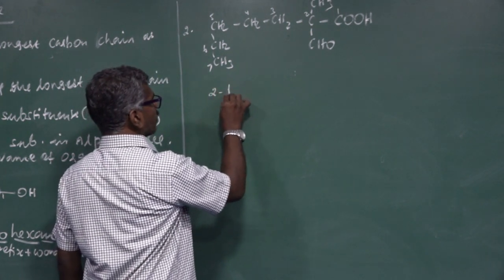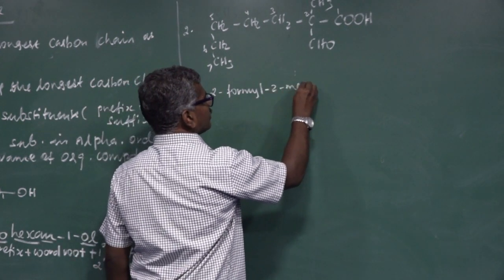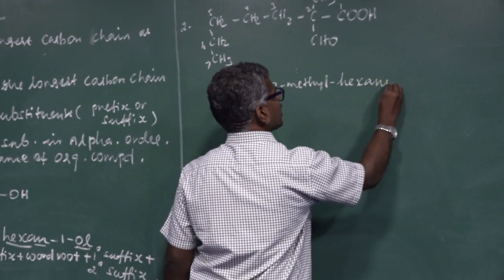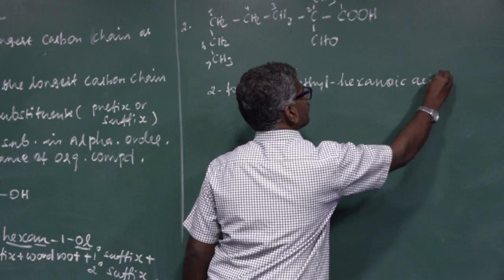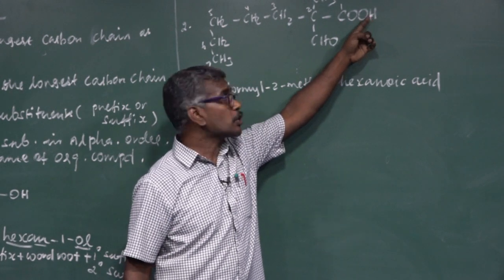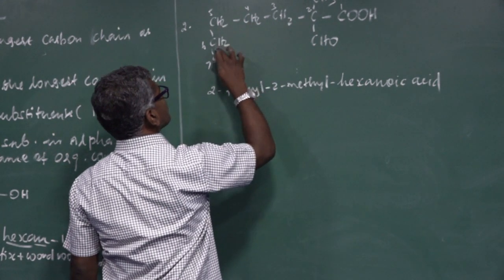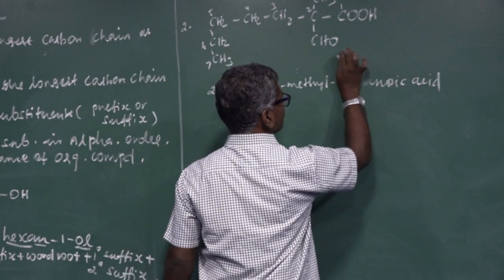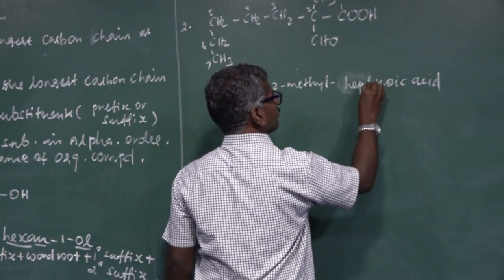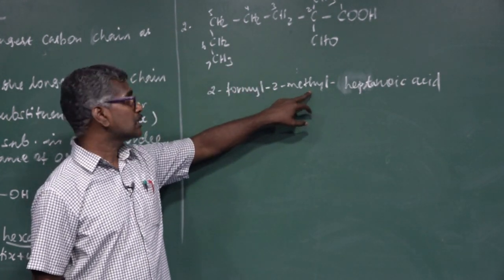So 2-formyl, 2-methyl, heptanoic acid, because it is the longest chain containing the carboxylic group, totally 7 carbons. Heptanoic acid.